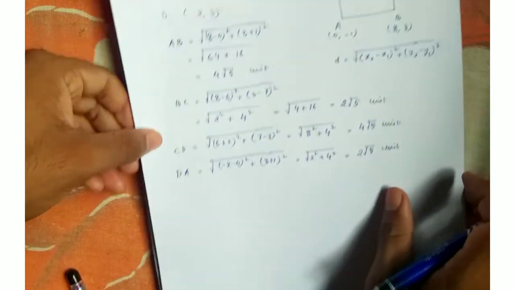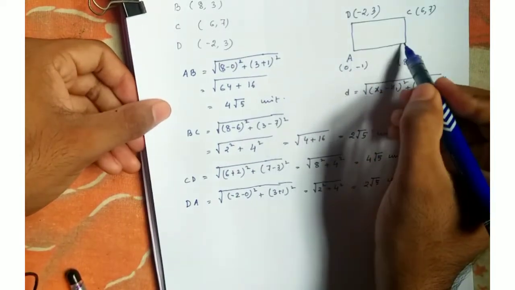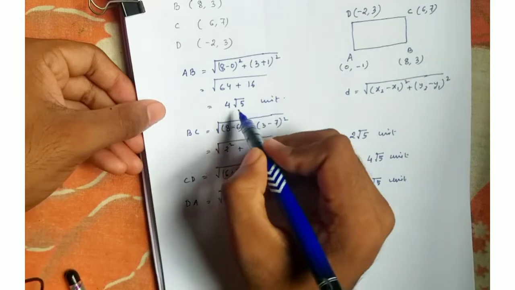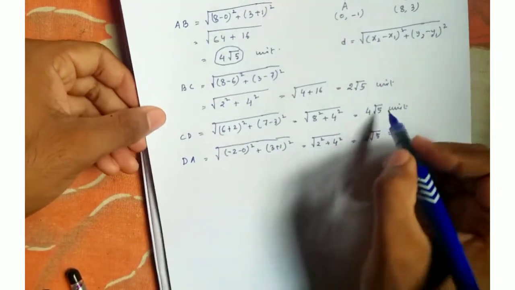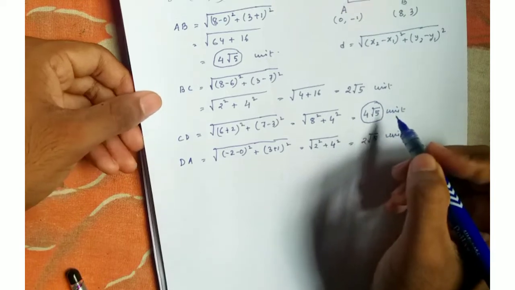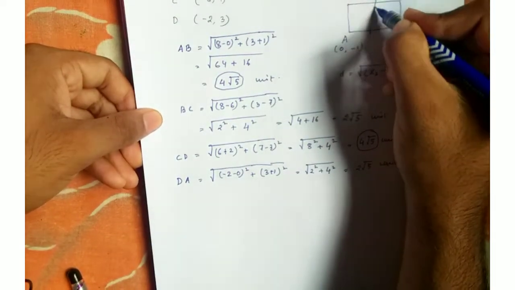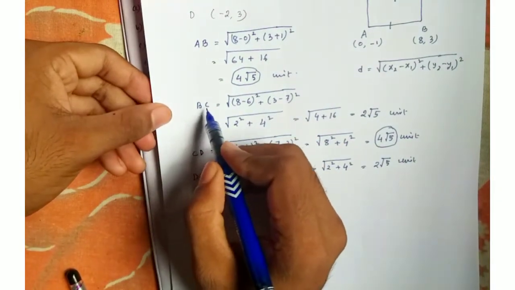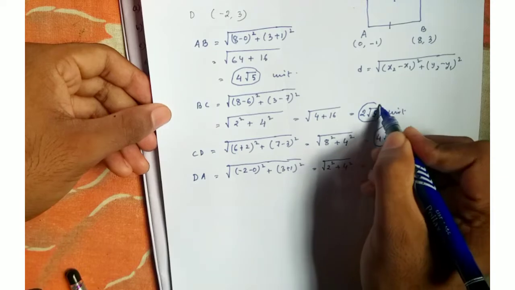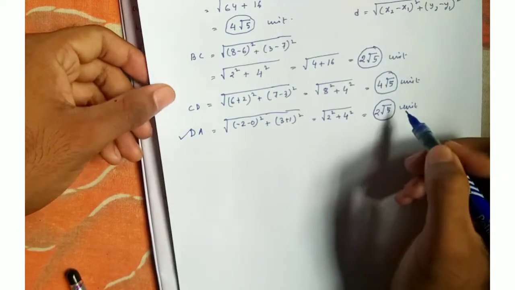Now if we look carefully, we have AB equals 4 root 5 unit and CD also 4 root 5 unit. That means AB is equal to CD. Then if you look at BC, it is 2 root 5 unit, and DA is also 2 root 5 unit.